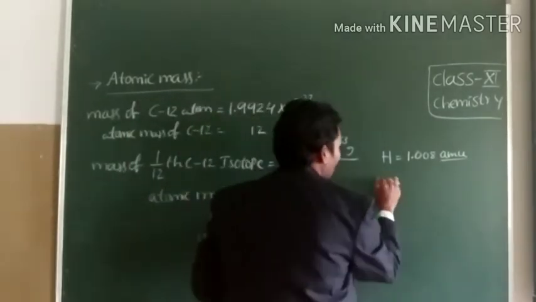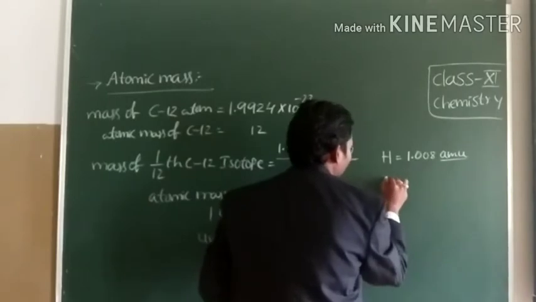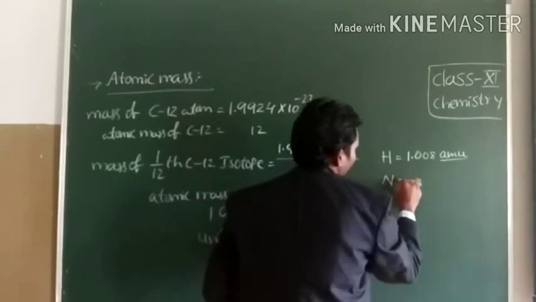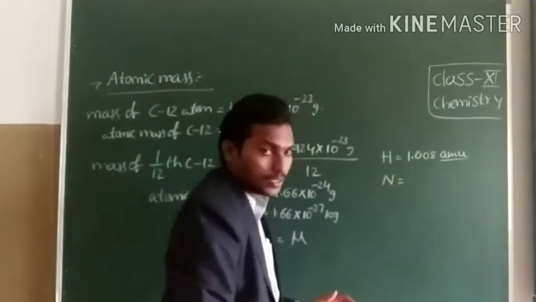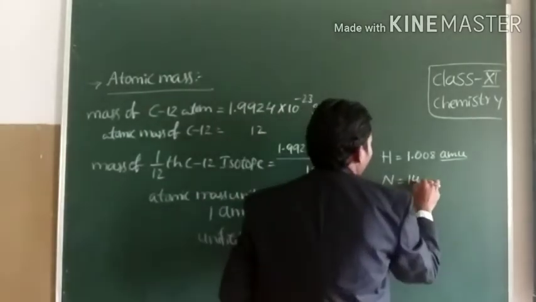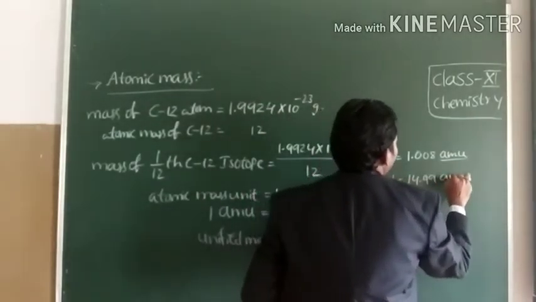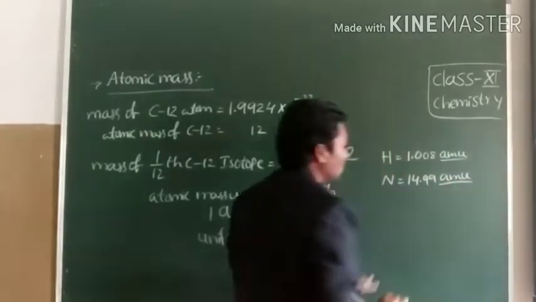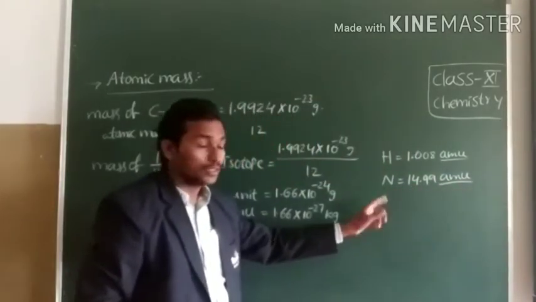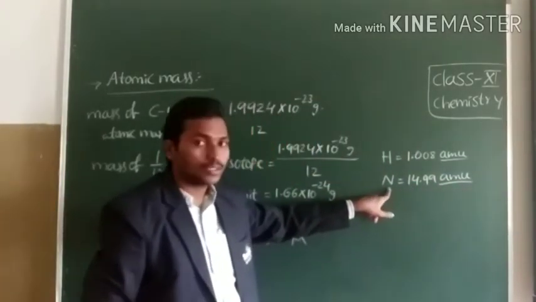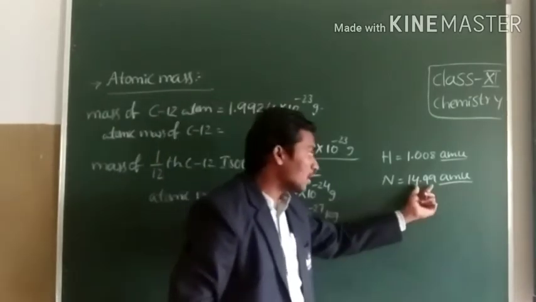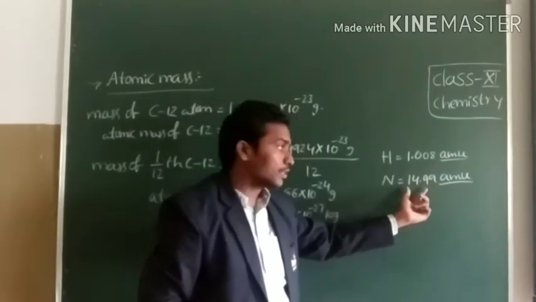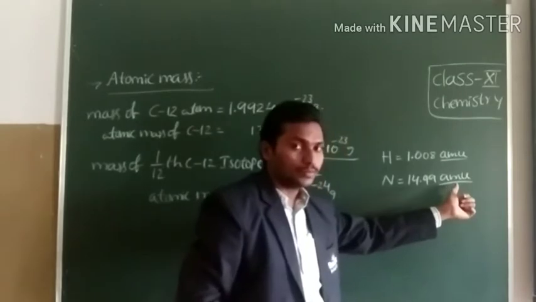And the atomic mass of nitrogen is 14.99 AMU. 14.99 AMU means the atomic mass of nitrogen is 14.99 times heavier than the atomic mass unit.